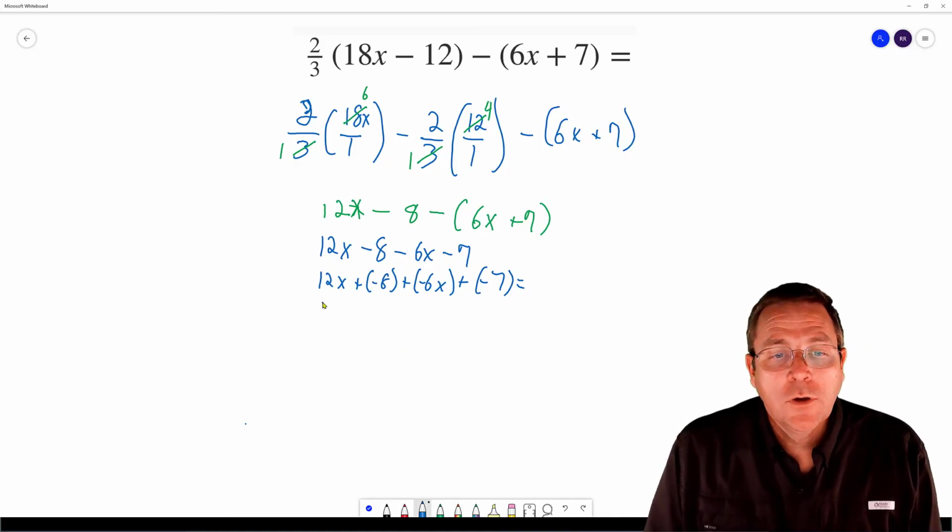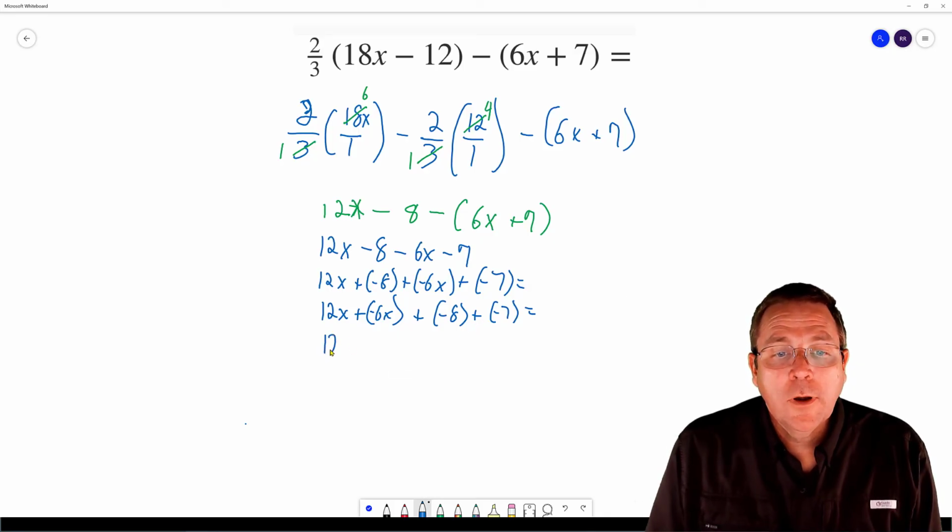Because it's addition, we can use the commutative property. 12x plus a negative 6x plus a negative 8 plus a negative 7. Now our like terms are together, and we're going to make the ugly problem pretty. So now positive times the negatives, minus 6x, positive times the negative, minus 8, positive times the negative, minus 7.